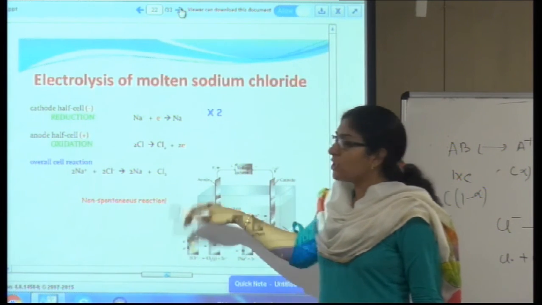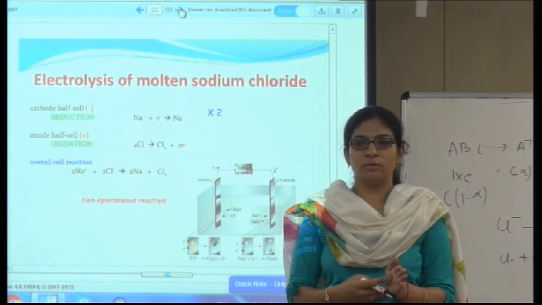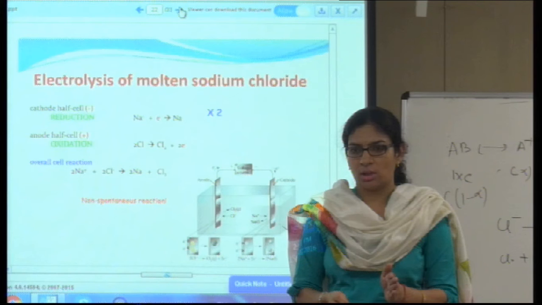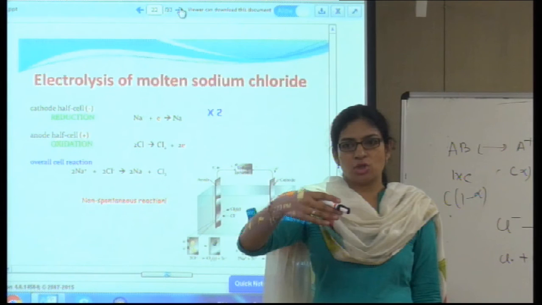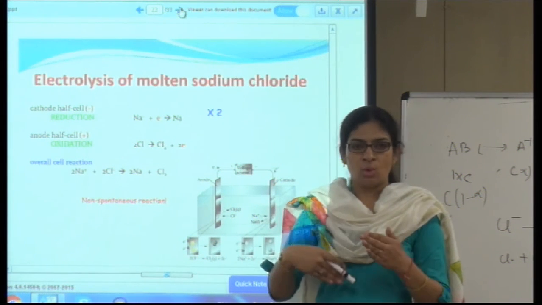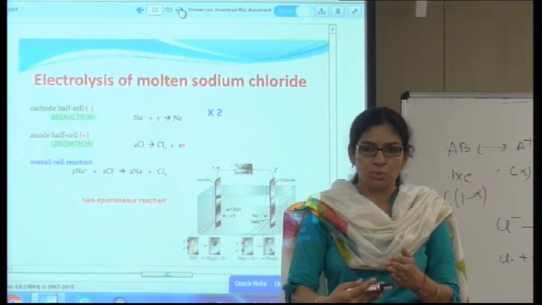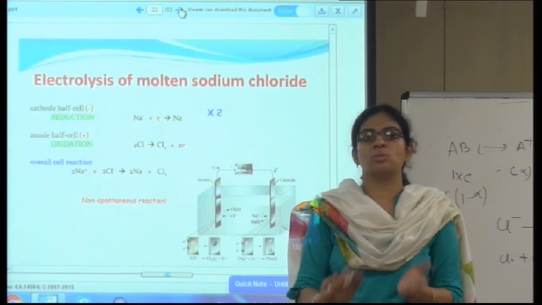So which will occur will be decided on the basis of their potential. When we talk about the reduction half, we will compare their reduction potential. Whichever has more reduction potential will get reduced more easily, and at the anode we are talking about oxidation, so whichever has higher oxidation potential will get oxidized preferentially.